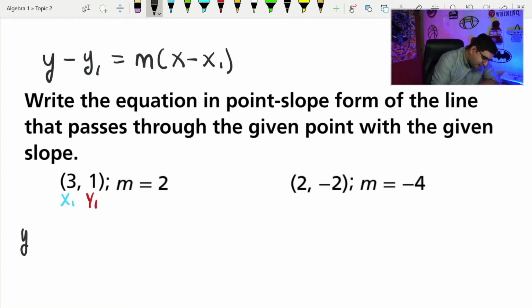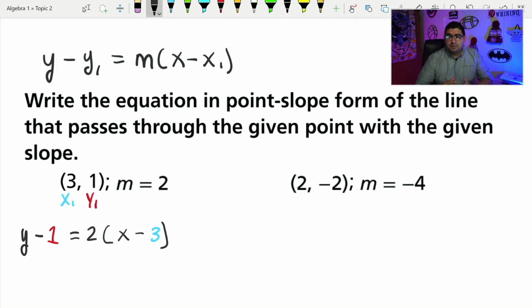So I would have y minus y1, which is 1, equals m, which we know is 2, times x minus x1, which I have as 3. And I've just written the equation to a line in point-slope form.